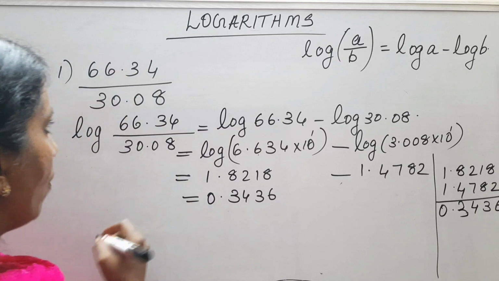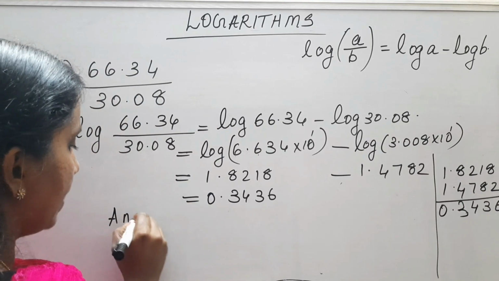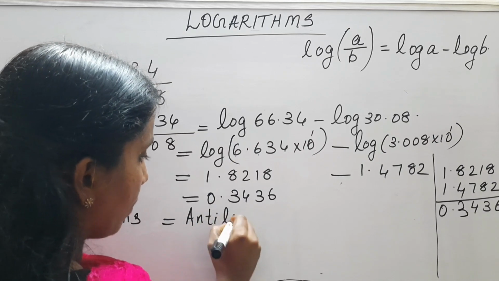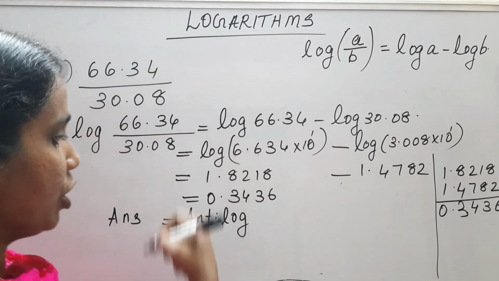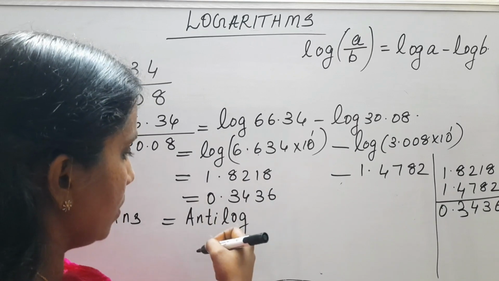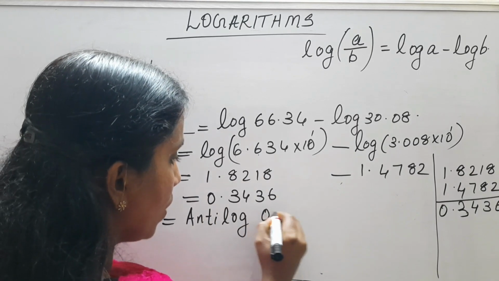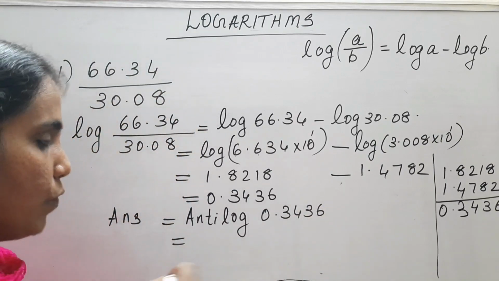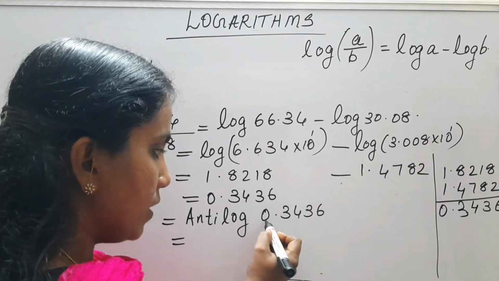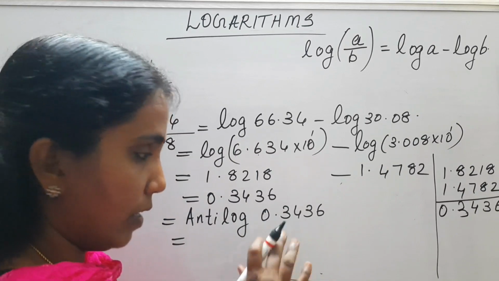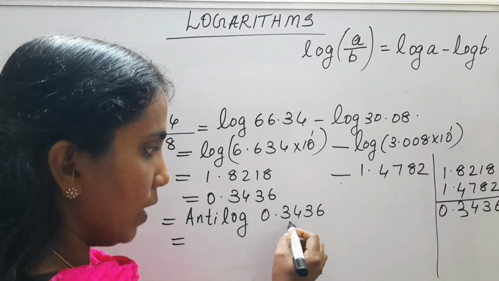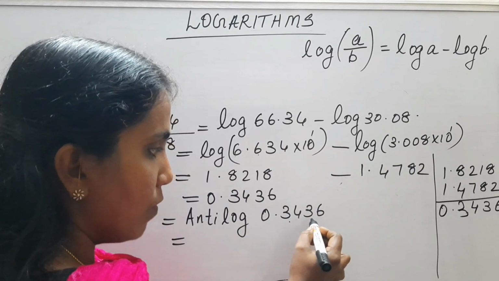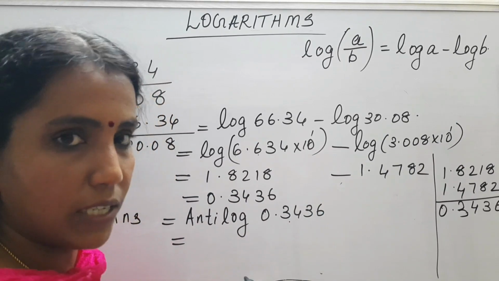0.3436. Now we have to find the antilog of the division, that is, the quotient. So the quotient is equal to antilog of 0.3436. First, look in the antilogarithm page, in the row 0.34, first in the column 3, then in the column 6.